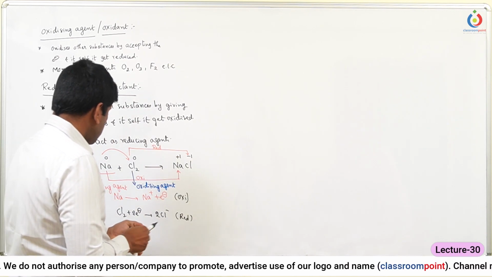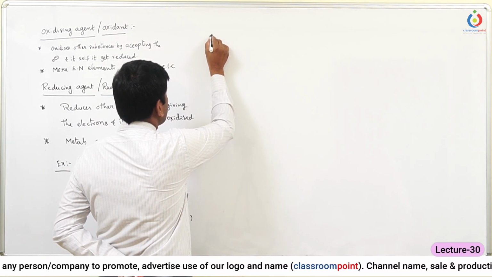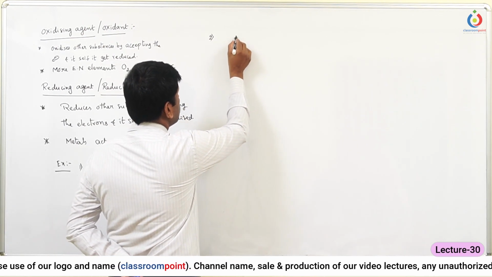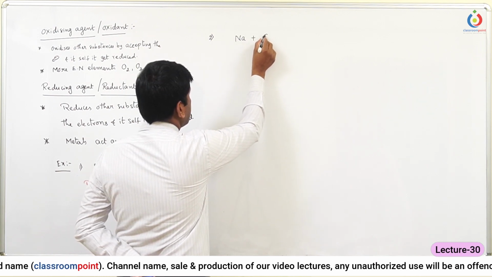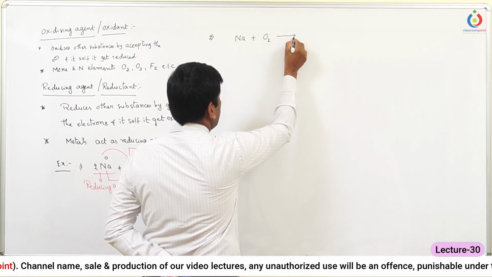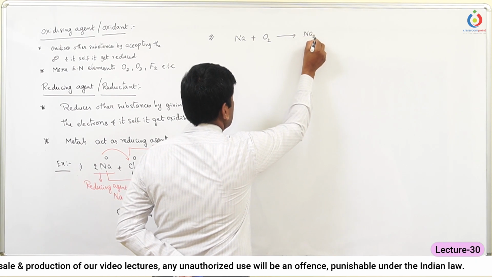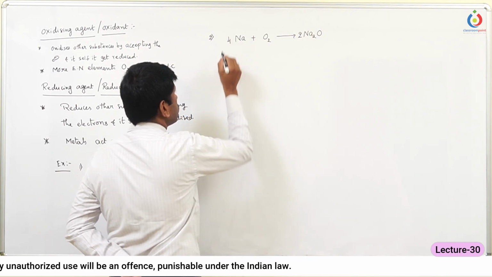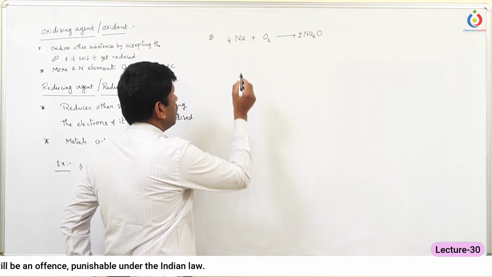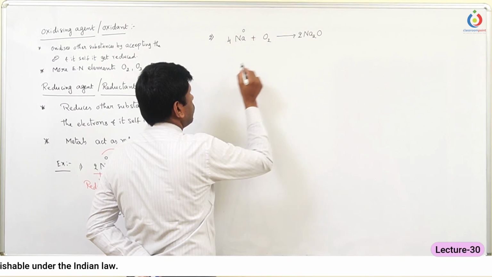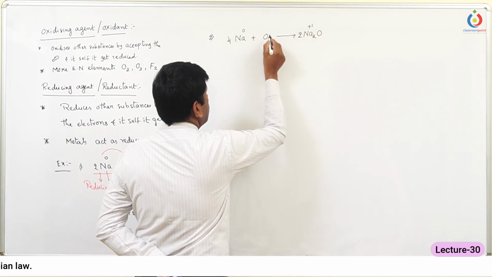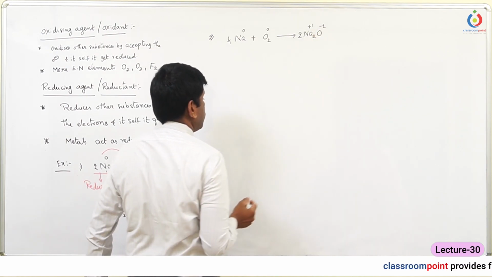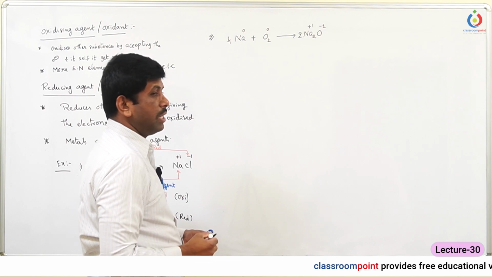Let us take some more examples. Sodium reacts with oxygen to form Na2O. So in this case, oxidation state of the sodium is 0. Here it is +1. Oxidation state of the oxygen is 0. Here it is -2. Then which is oxidized?